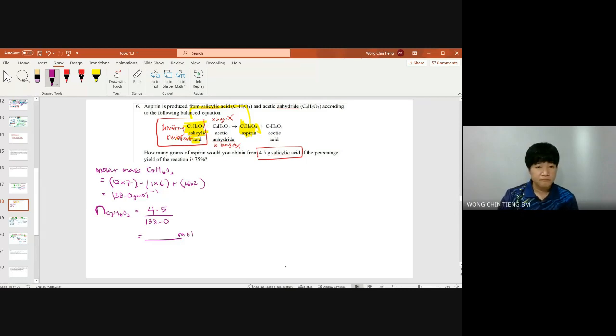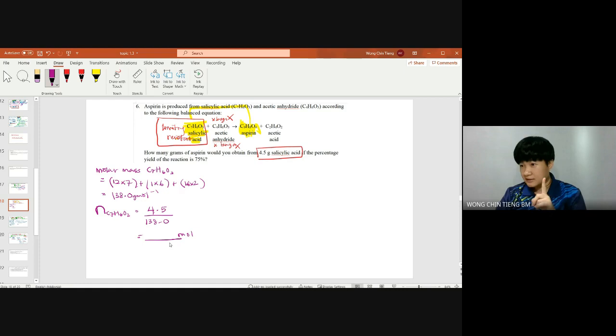Zul? Zul dah hang? Line tak okay? Dengar ke saya cakap? Dengar. Line dia tak okay kot.